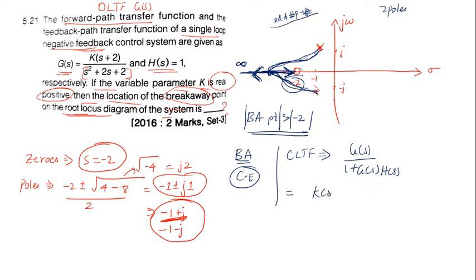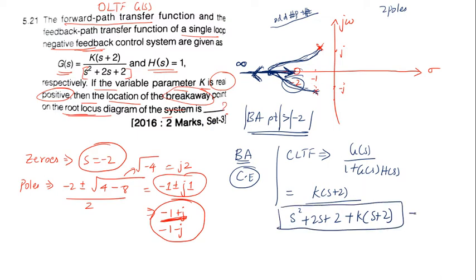So K into (s plus 2), with the denominator cancelling, over s square plus 2s plus 2 plus K into (s plus 2). I am directly writing the simplified form. This is the closed loop transfer function, and the denominator is my characteristic equation.